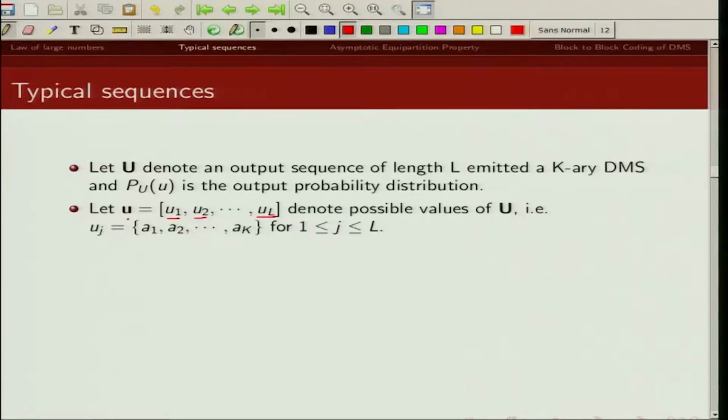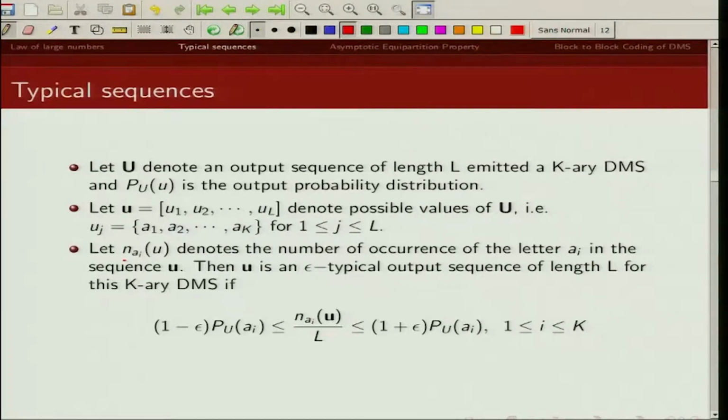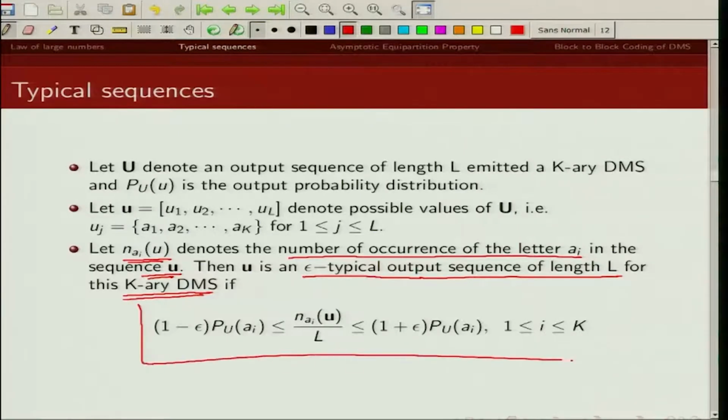So that's my output sequence of length L. Now each of these U_i, since the source is a K-ary source, could be A1, A2, A3, up to AK. Now let N_Ai(U) denote the number of occurrences of this letter Ai in the sequence U, then U is an epsilon typical output sequence of length L for a K-ary discrete memoryless source if this condition is satisfied.